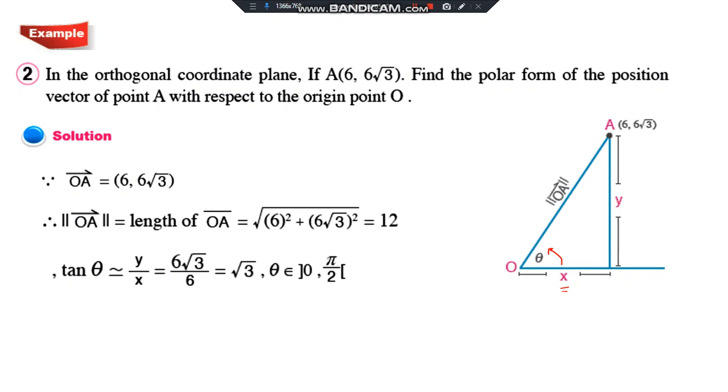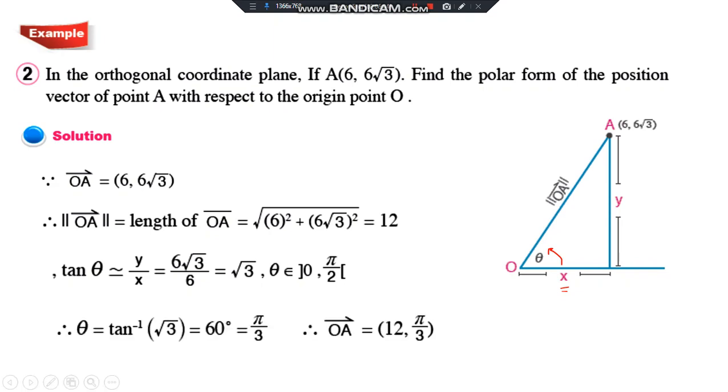If you want to find tan theta, it means y over x, opposite over adjacent, 6 root 3 over 6. So we can find the acute angle which theta makes with the positive direction of the x-axis. So theta belongs to the first quadrant. We can use shift tan root 3 by using the calculator.